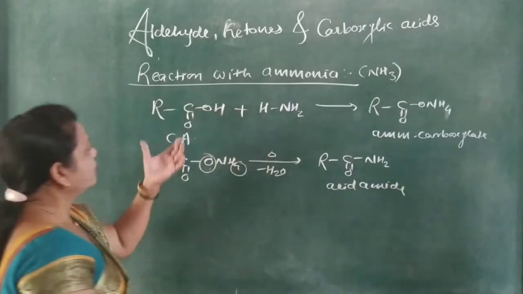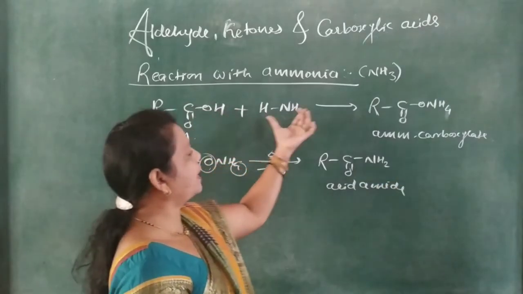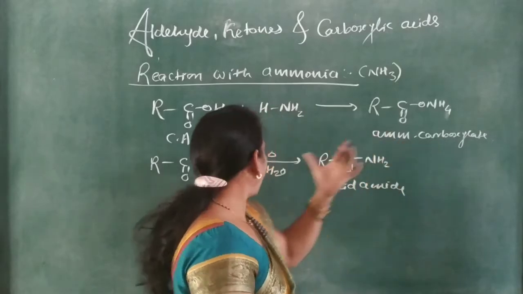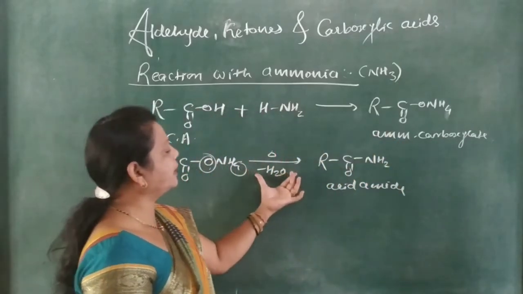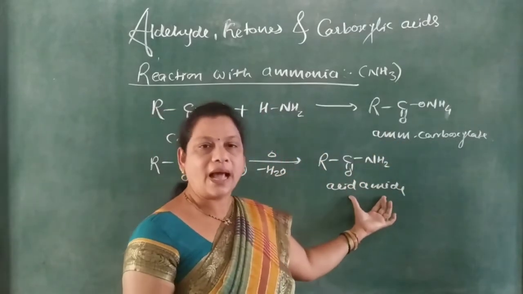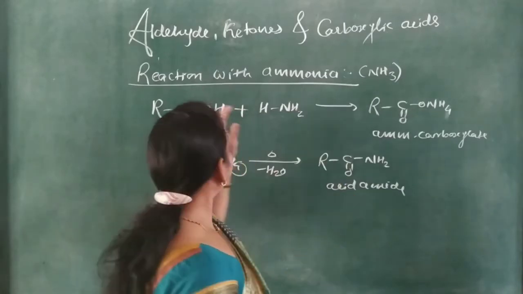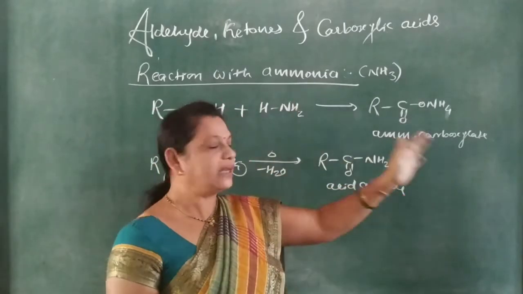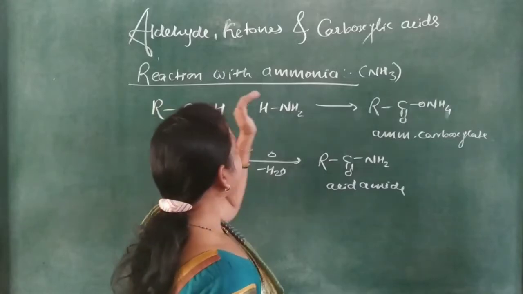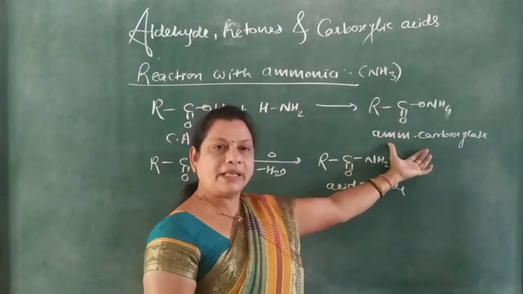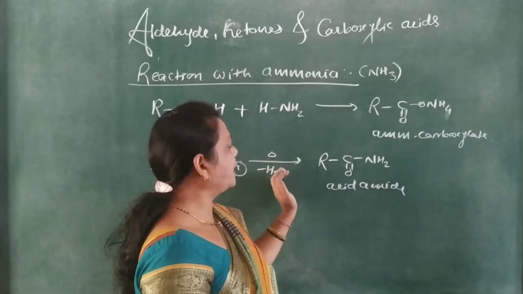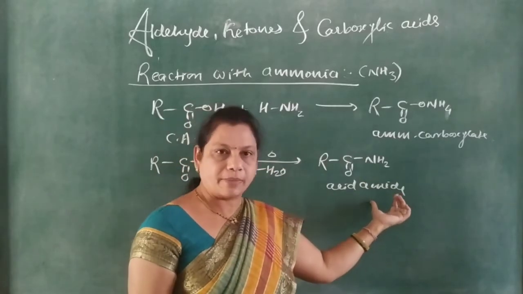When acetic acid reacts with ammonia, it forms ammonium acetate, and ammonium acetate on heating gives acetamide. Similarly, benzoic acid first gives ammonium benzoate, which on heating gives benzamide.